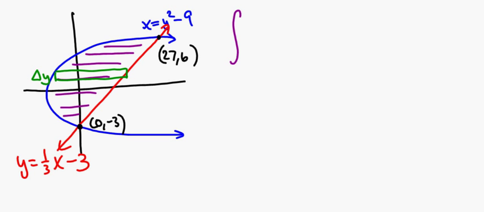And if the widths are all tiny changes in y, this has to be a dy integral. And if this is a dy integral, then the limits that I use have to be y limits. We have to go from the smallest y to the biggest y.